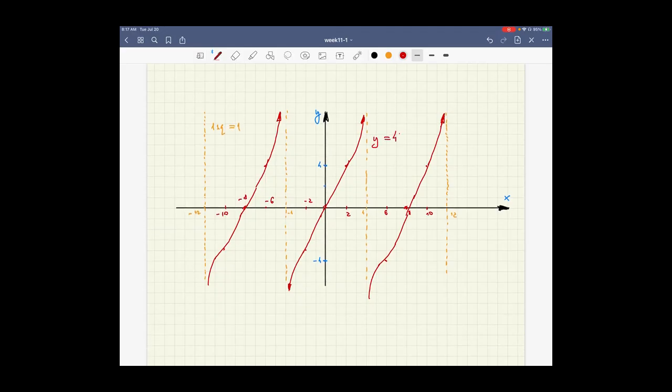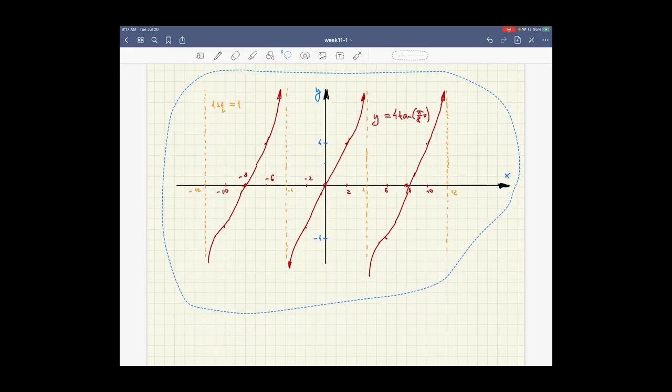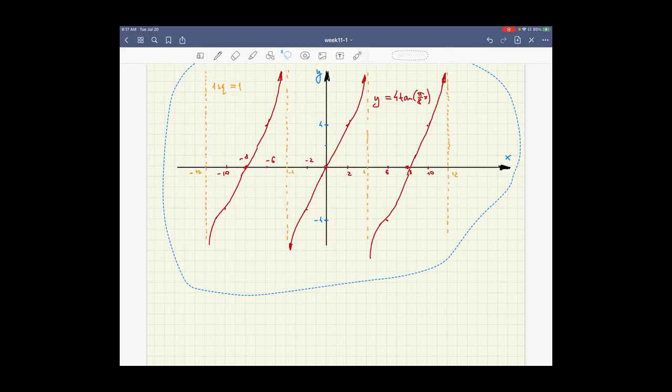That is y equals 4 tangent pi over 8x, vertical stretch by a factor of 4.